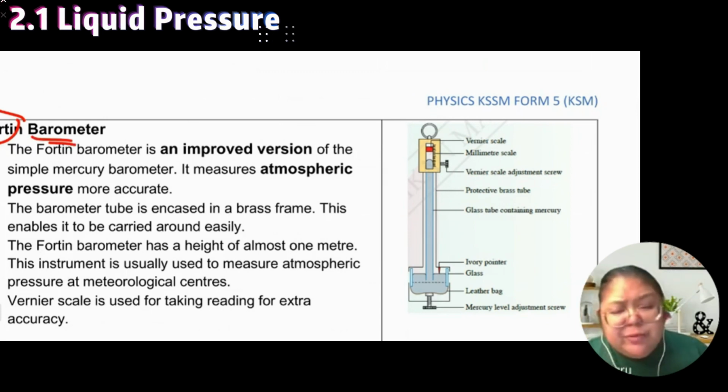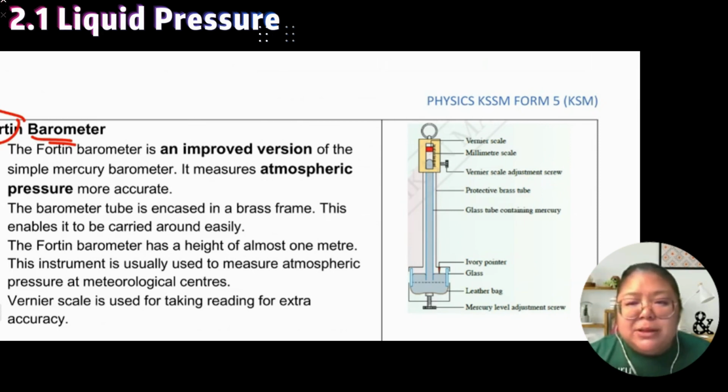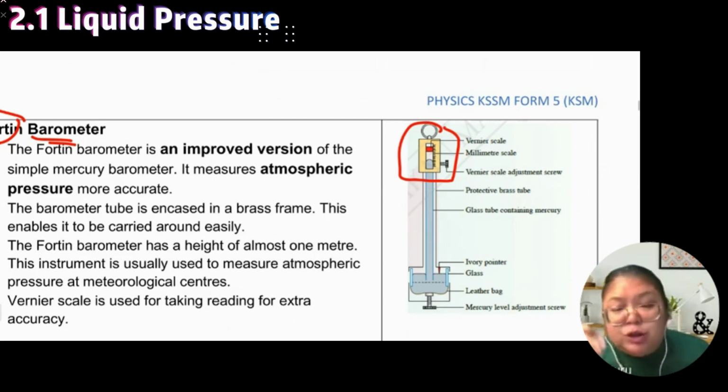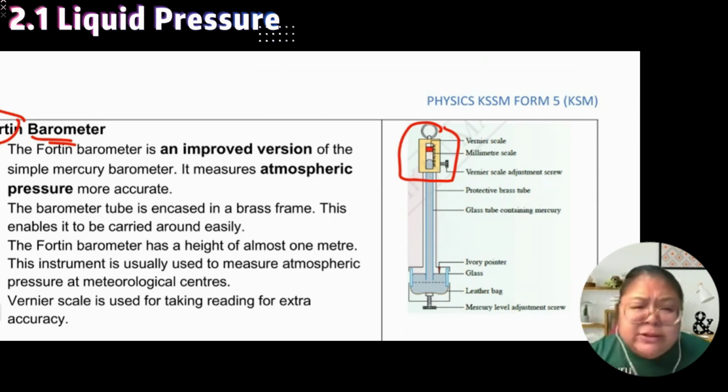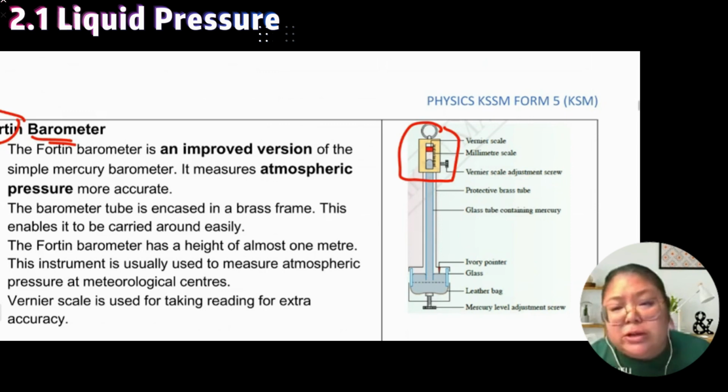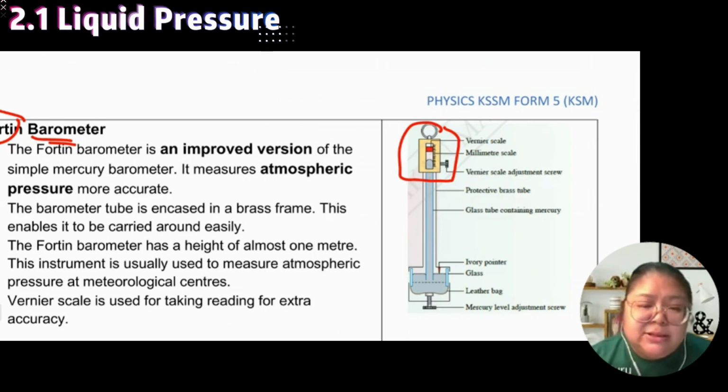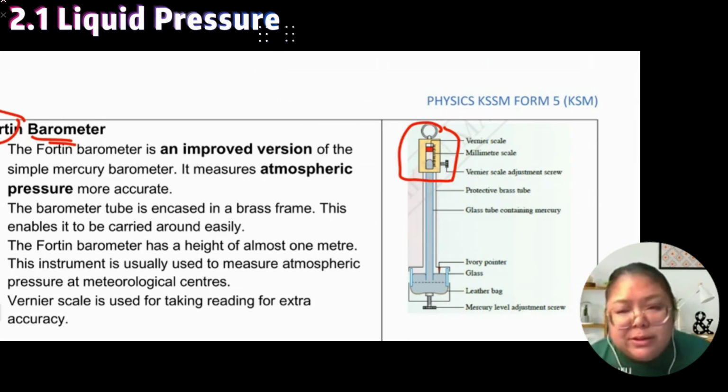Because with mercury we need to calculate. The Fortin has a meter and a scale, so once you put it down, it shows you the reading. If so, we cannot set exam questions, because exam questions want you to calculate. It is only equipment that shows the reading straightforward, so we cannot do any calculation. We only learn about the type of Fortin barometer.